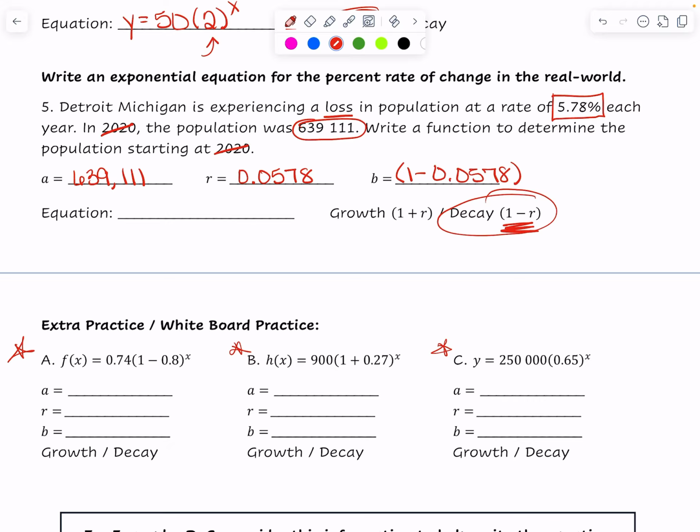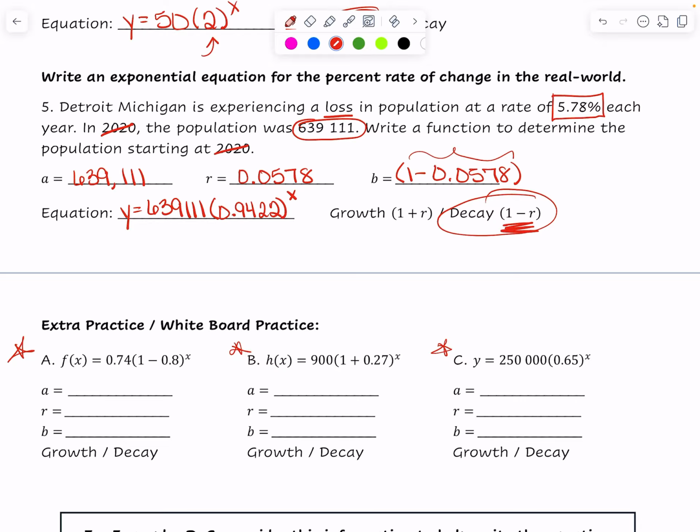Okay. So when we write the equation, we have Y equals 639,111 times B. When I subtract these two, because I want to conjoin them together, I get 0.9422 to the power of X.